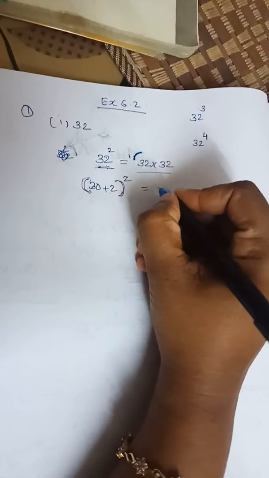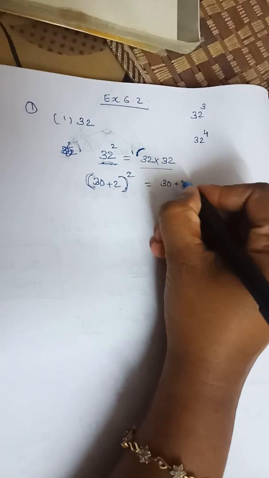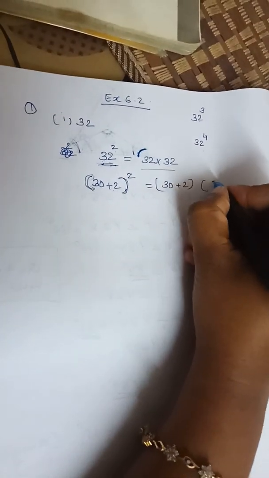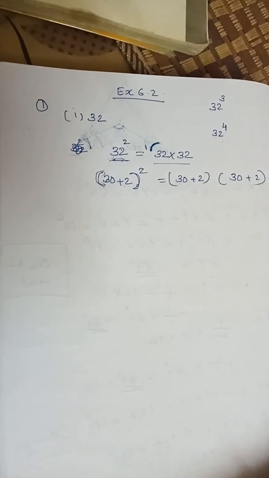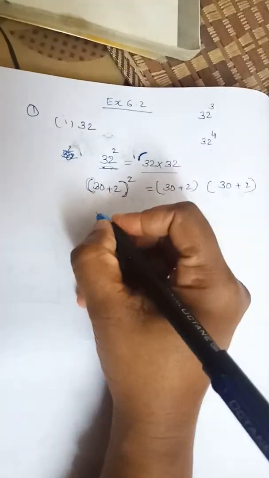So 30 plus 2 the whole square means you multiply 30 plus 2 two times: 30 plus 2 into 30 plus 2. Then you know the distributive property. What is that?